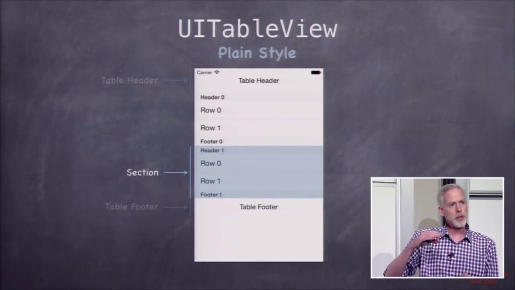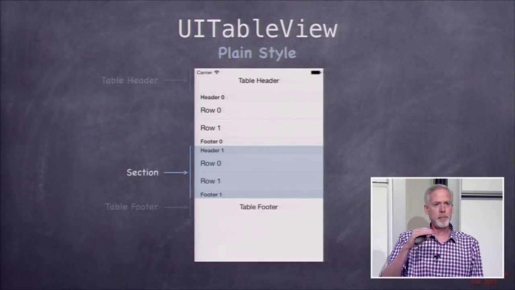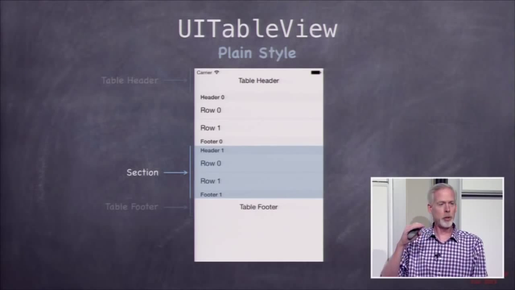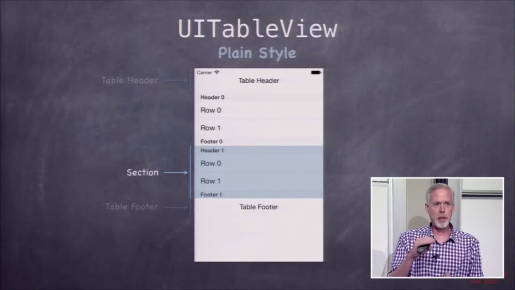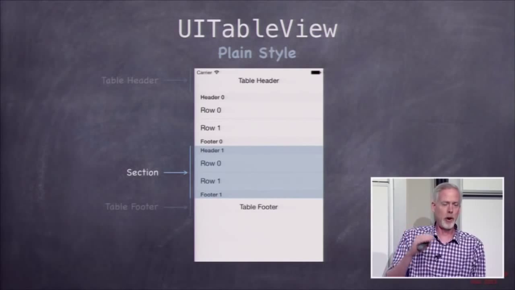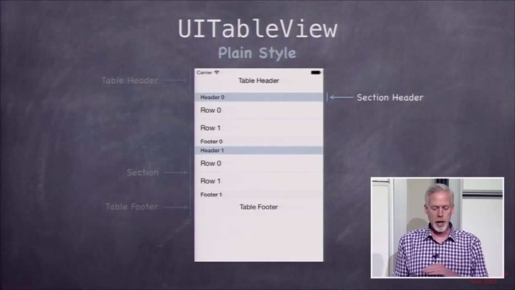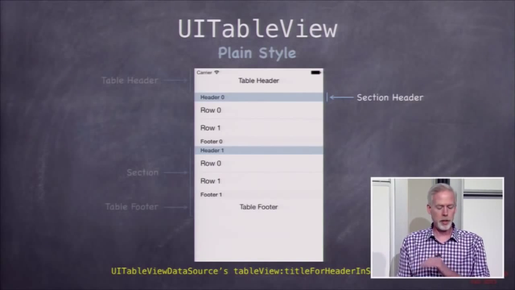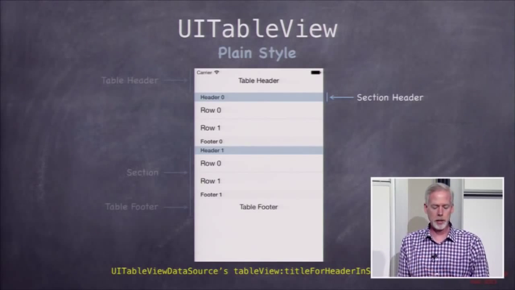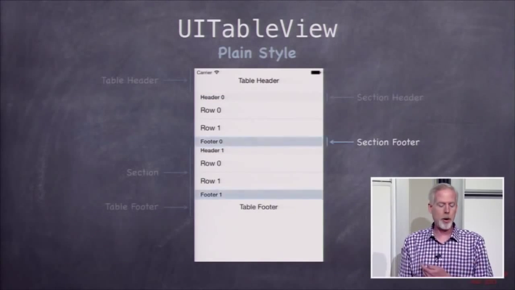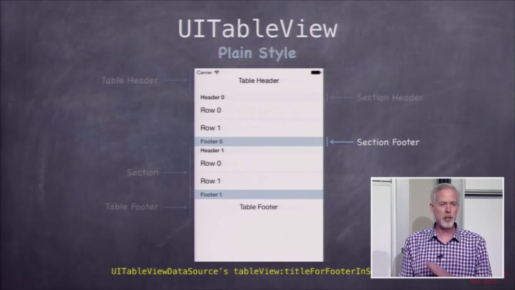And the rows are divided into sections, okay? And each section includes some number of rows. Could be one row, or it could be 100 rows, or 1,000 rows, whatever. And also a header and a footer. So each section has headers. You can see header 0, header 1 for the two sections. We've got two sections in this table view. And each one also has footers. Okay, we don't really use the footers that much.